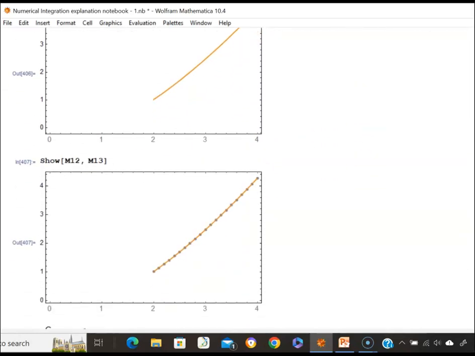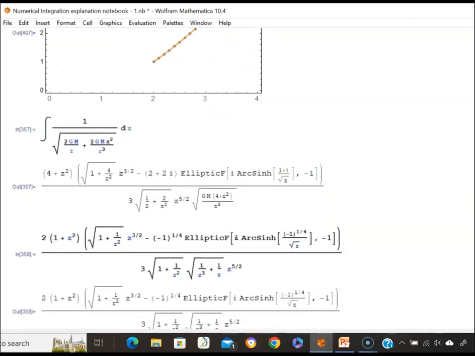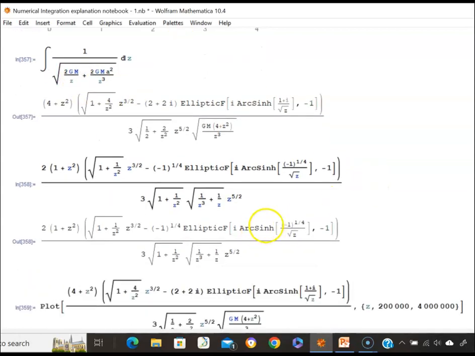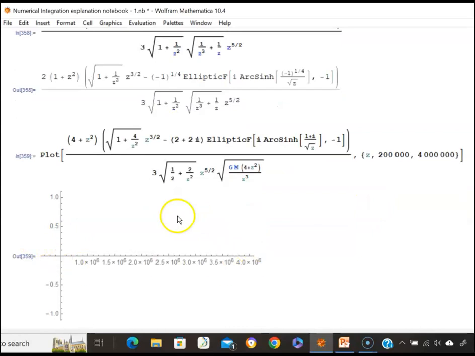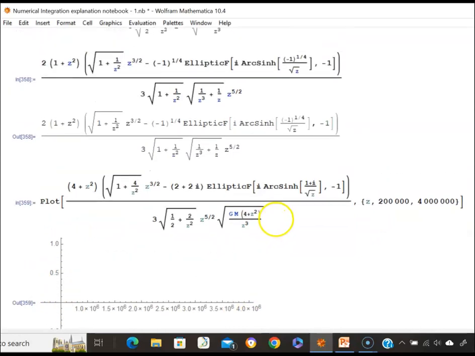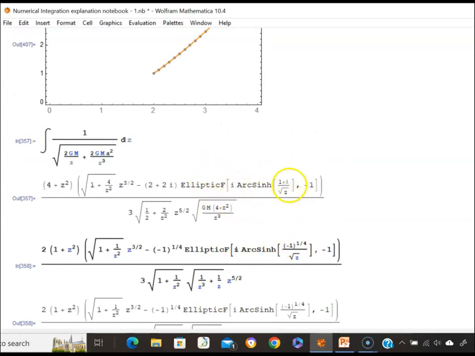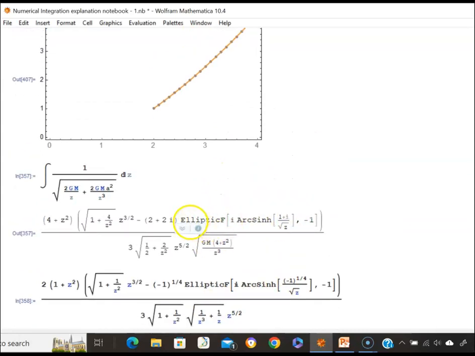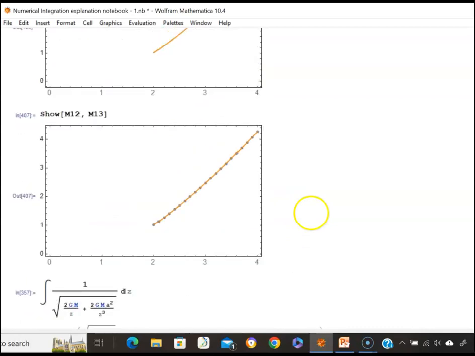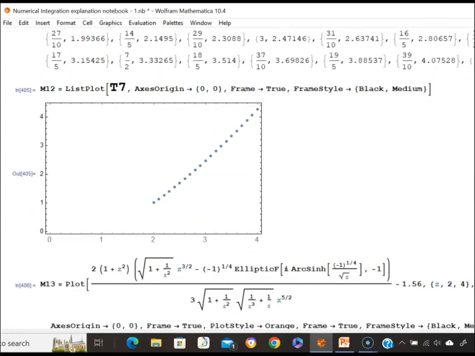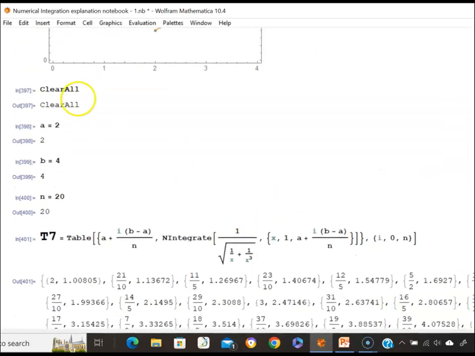When I tried the one related to relativity, by putting in the gravitational constant and the mass of the object, and then tried integrating that, I was getting this. When I tried to plot it, it just wouldn't plot. So not much use having a symbolic expression if you can't plot it. You've got these complex elements, this elliptic F function. That's not what I meant to show you though, but anyway, let's have a look here.